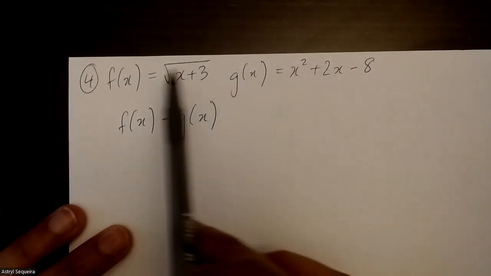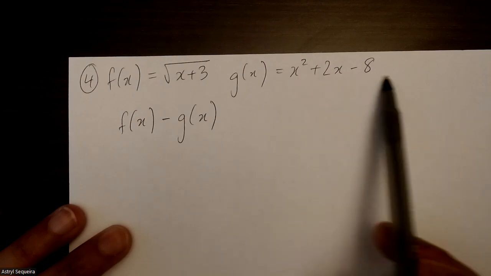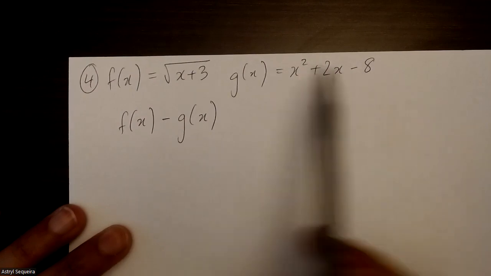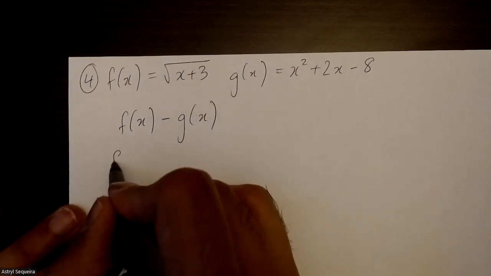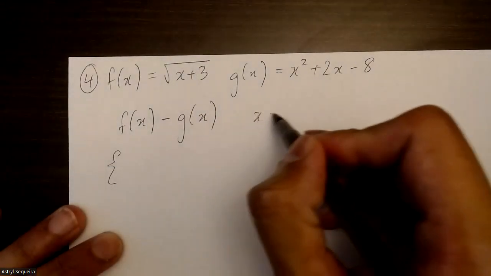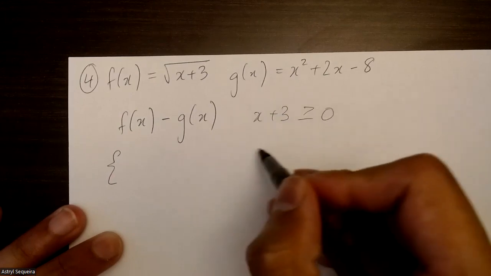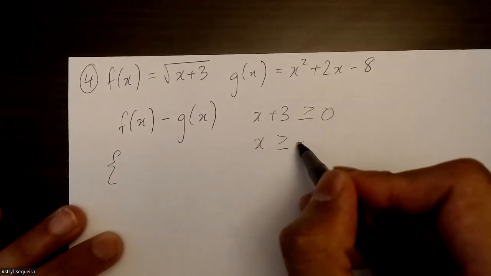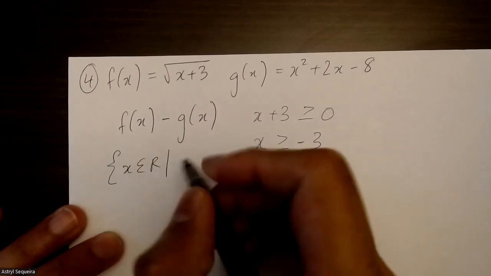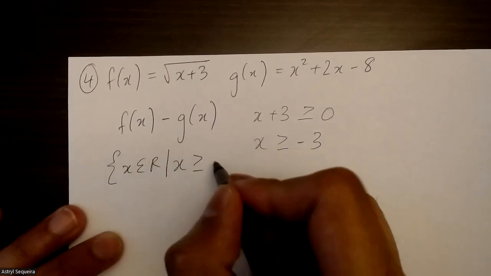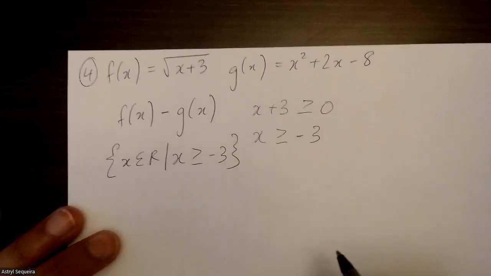We just look at the individual functions. This is a quadratic function. It has no restrictions on the domain, so we only have to worry about the square root function and the domain right there. So we know x plus 3 has to be greater than or equal to 0, which means x is greater than or equal to negative 3. So my domain is x is an element of all real numbers such that x is greater than or equal to negative 3.